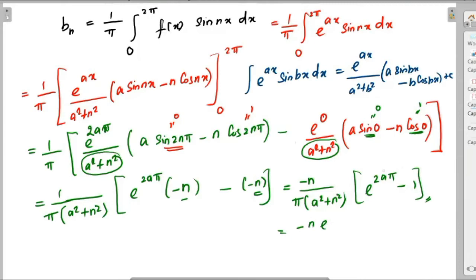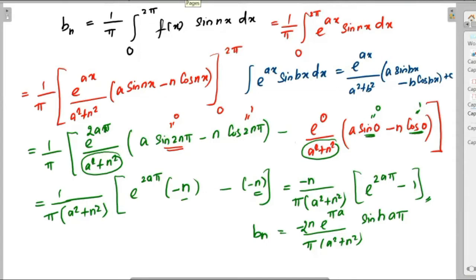So you can rewrite this term as e power a pi divided by pi a square plus n square into 2 sinh a pi. This is bn.